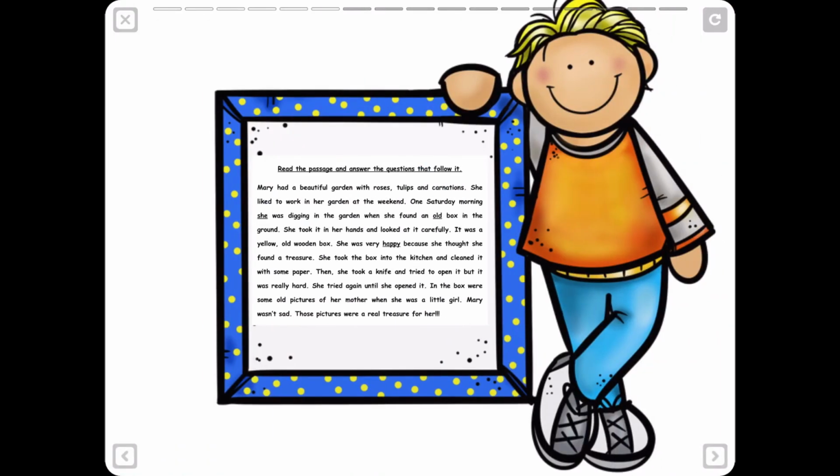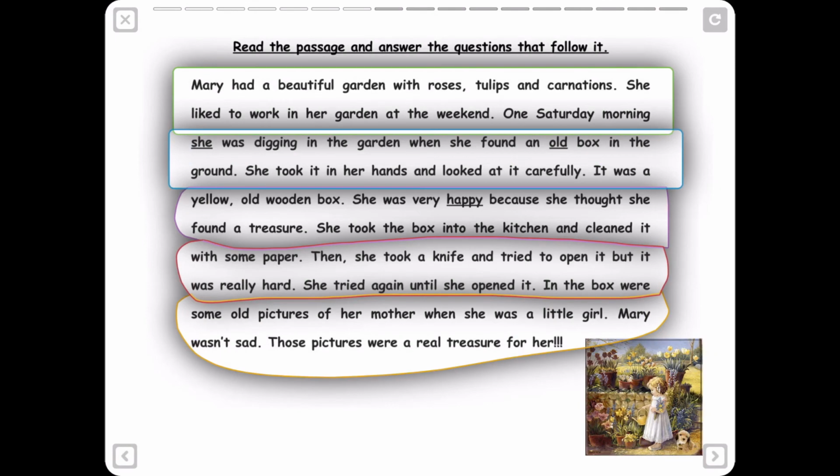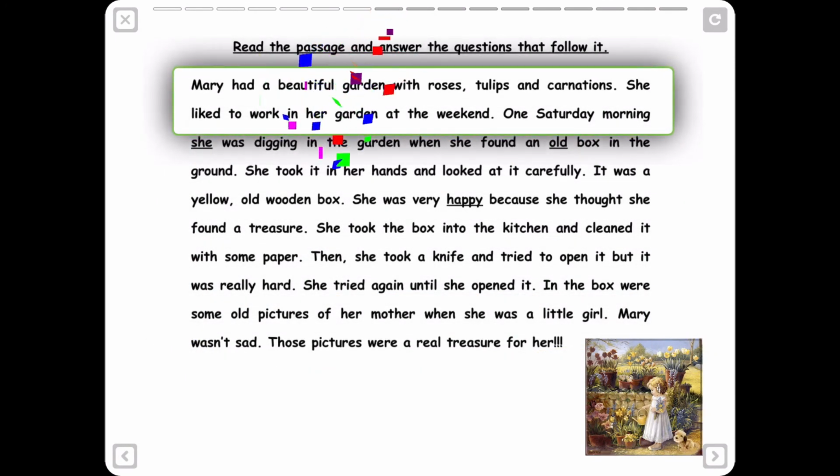And now let's practice. Read this passage, then answer the questions below. Mary had a beautiful garden with roses, tulips, and carnations. She liked to work in her garden at the weekend.